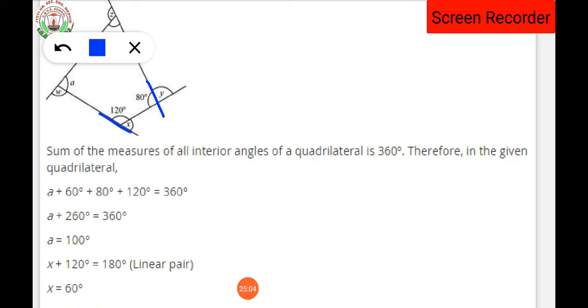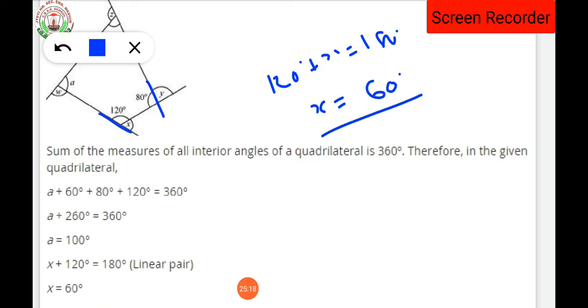So 120 degrees plus x is equal to 180 degrees. So x is equal to 60 degrees because 120 degrees is subtracted from 180 degrees. So the value of exterior angle x will be how much? 60 degrees. In the same way, y plus 80 is equal to 180 degrees. So y is equal to 100 degrees. This you will get, isn't it?